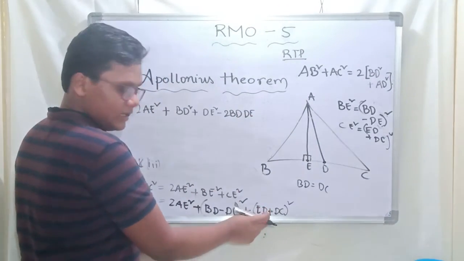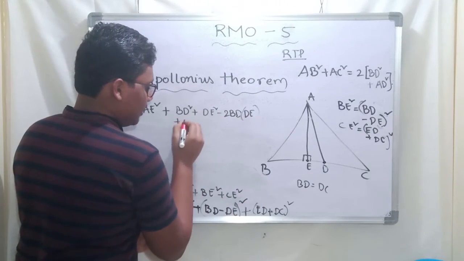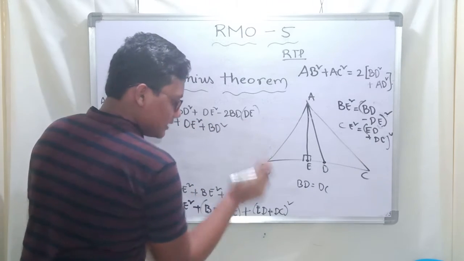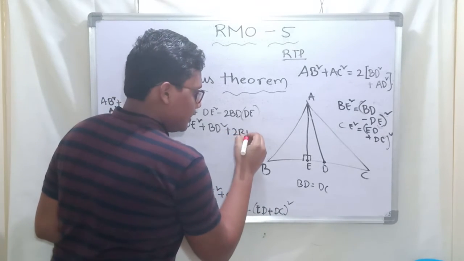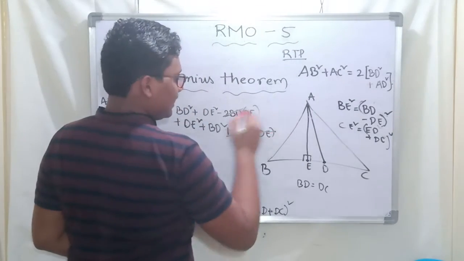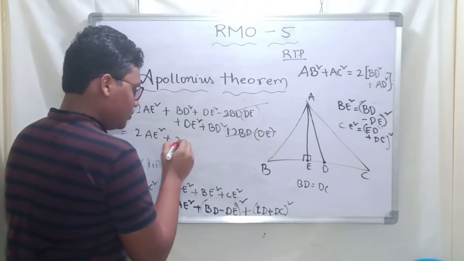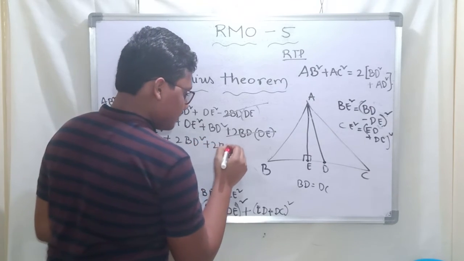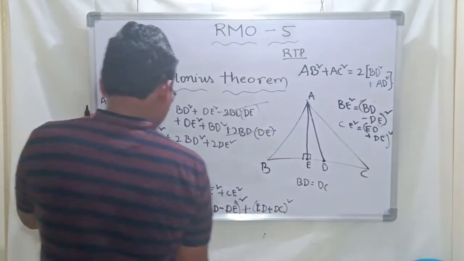Here DE and ED are the same, so I write DE square plus BD square, substituting DC equal to BD, plus 2 BD into DE. These two terms get cancelled, leaving 2AE square plus 2BD square plus 2DE square. Is it okay? Up to here, clear.